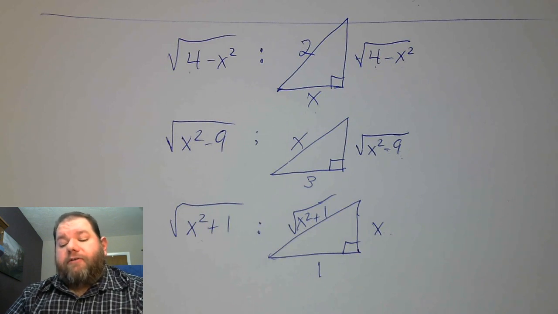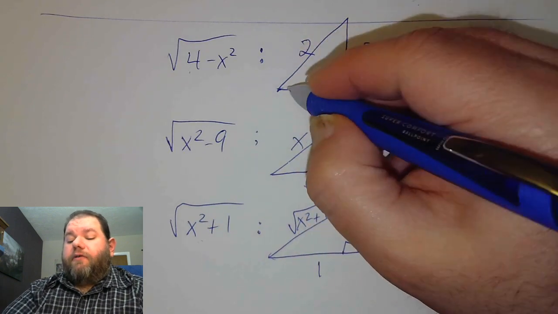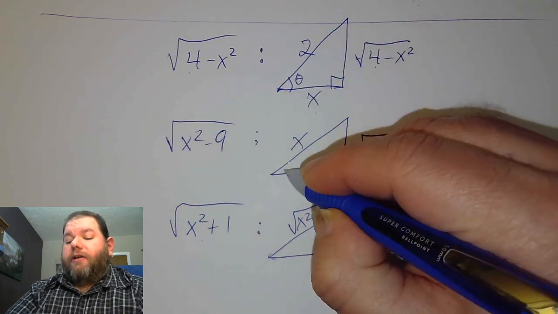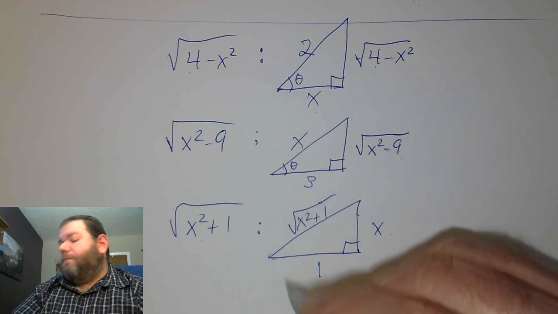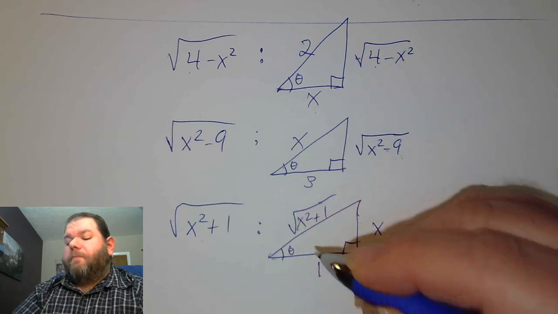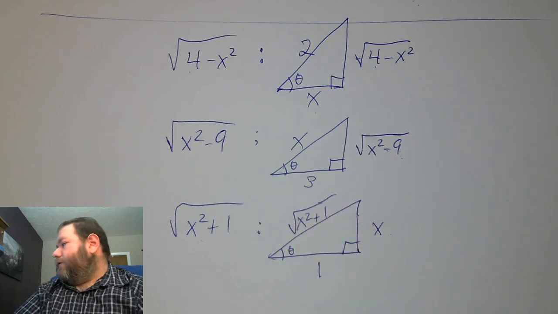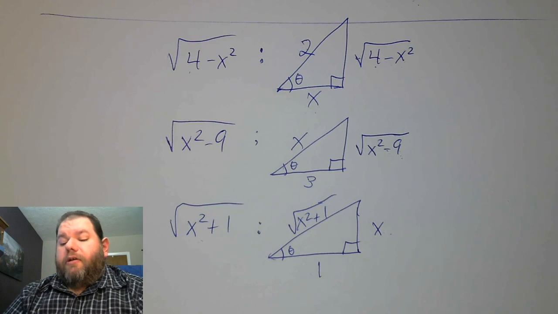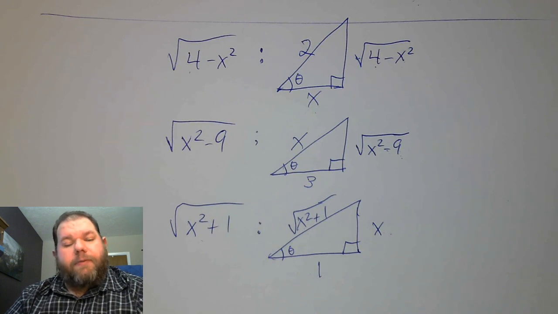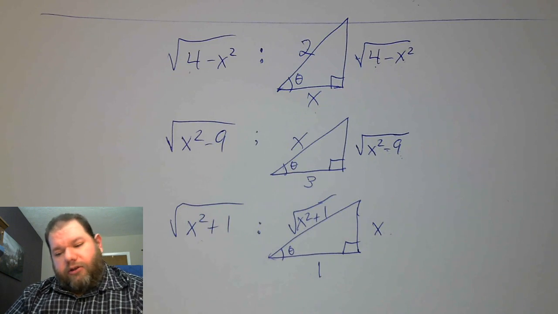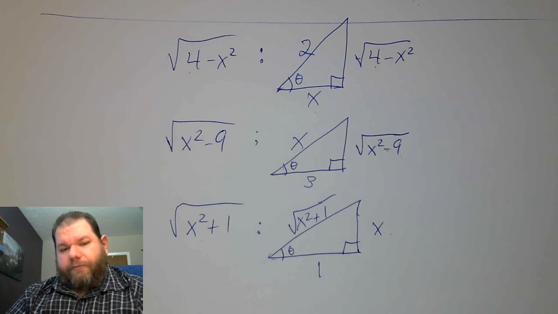But the reason I stress that we put it this way is, if we label the angle there as theta, and we want to look at combinations of sides, we're going to look at opposite over hypotenuse, adjacent over hypotenuse, opposite over adjacent.